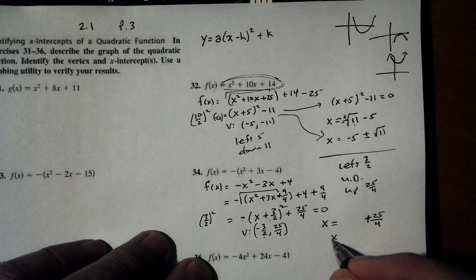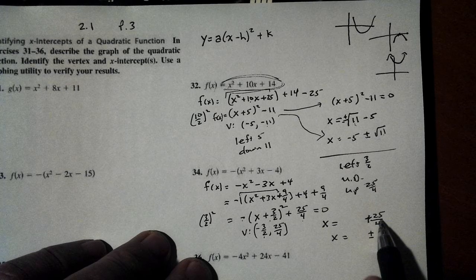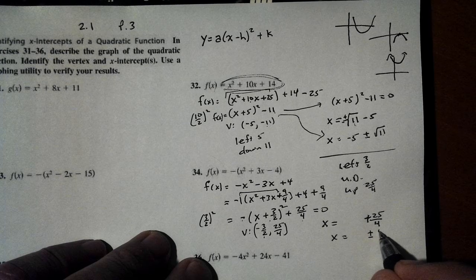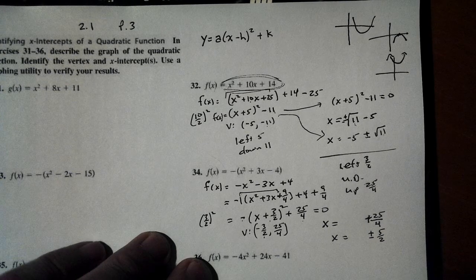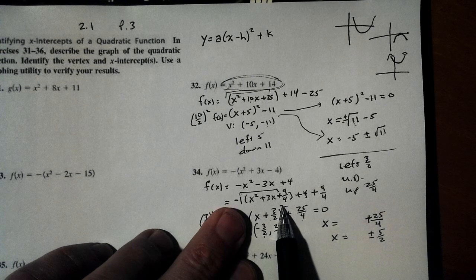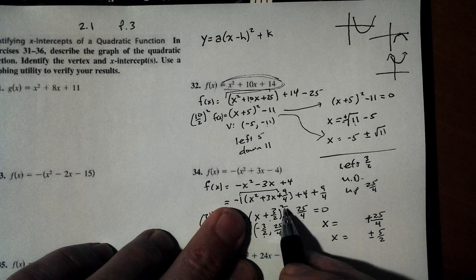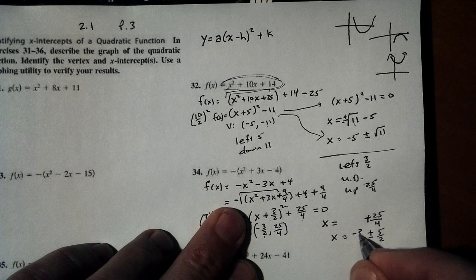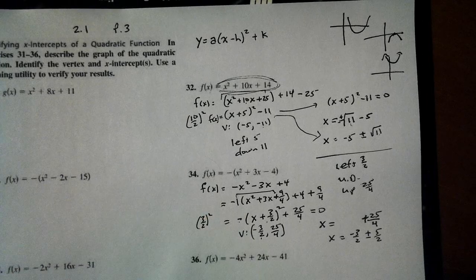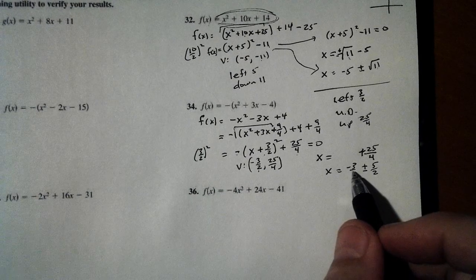Here we go. X is getting kind of messy. X is plus or minus square root of 25/4, which is nice and convenient, plus or minus 5/2. I've gotten rid of the squared. Now I just need to subtract 3/2. And you can do that in multiple steps, but I would really encourage you to practice that. So let's see.